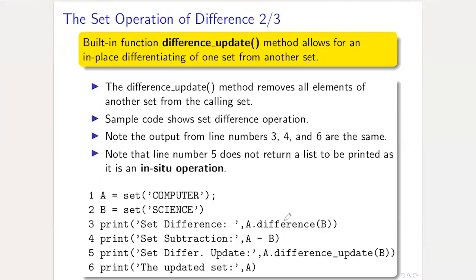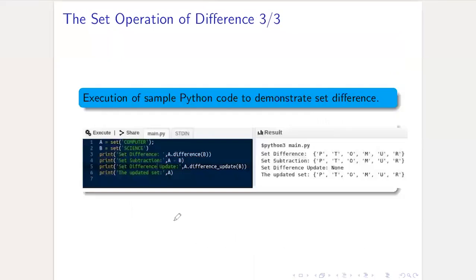Now there is an important behavior I want to discuss with you. Let me show you the runtime here. So you have A as computer, B as science, and so here COMPUTR.